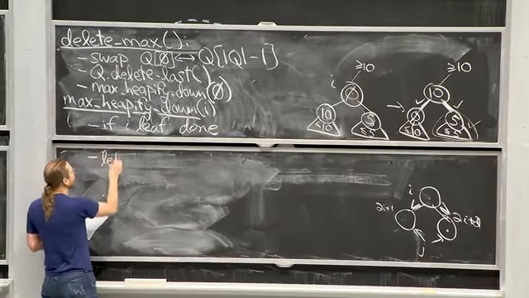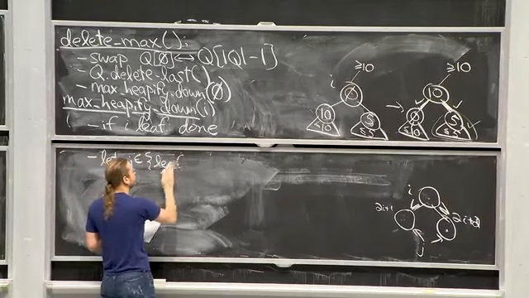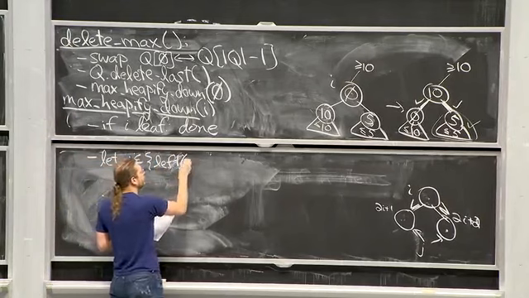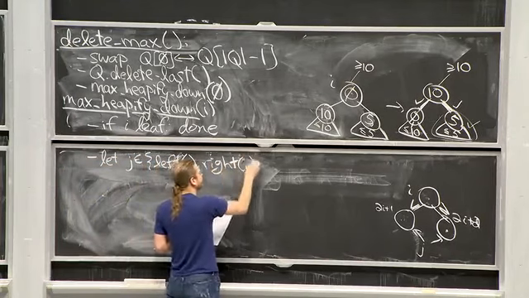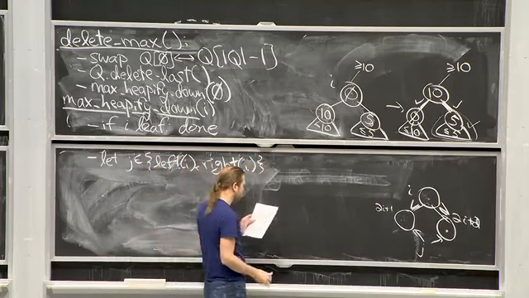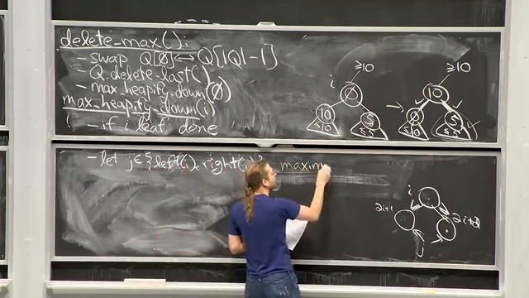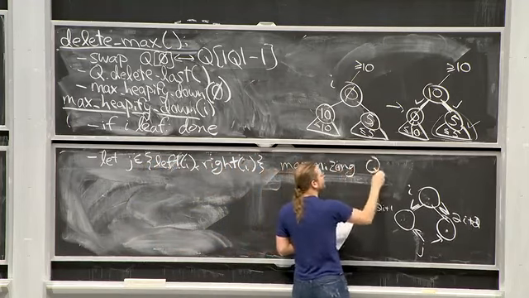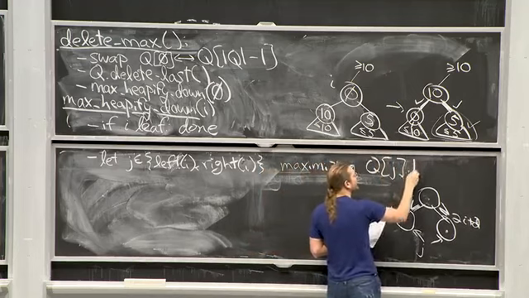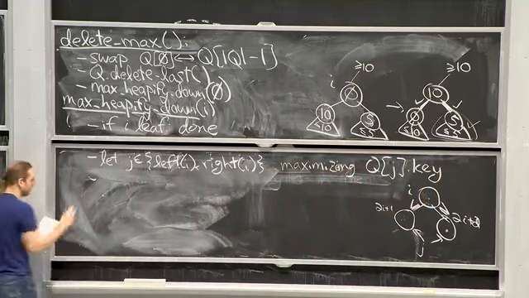Otherwise, let's look at the two children, left and right of i. Right of i might not exist, then ignore it. But among the two children that exist, find the one that has maximum key value, q of j dot key. That was 10 in our example.